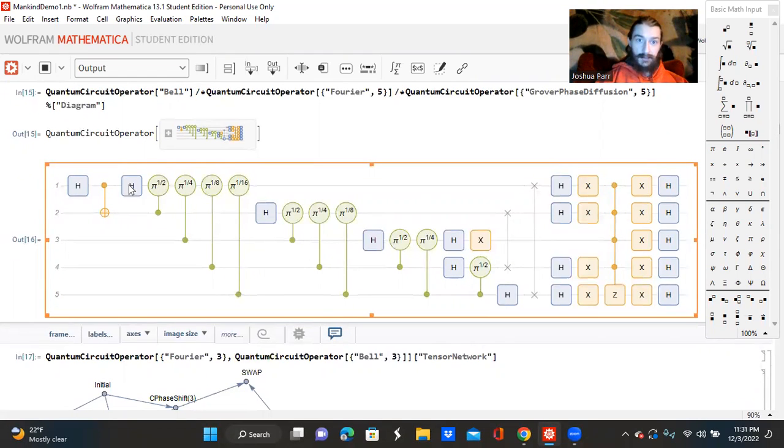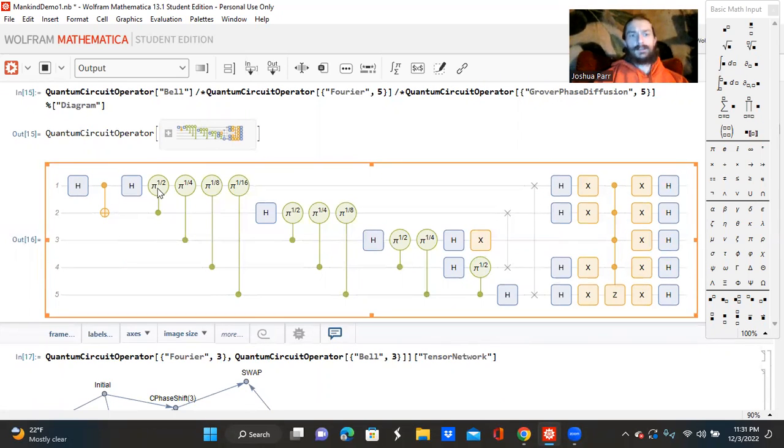And then next came my quantum Fourier transform on 5. Perhaps my Bell actually stops after the NOT gate, because I do remember there being a Hadamard at the beginning and the end of a Fourier.